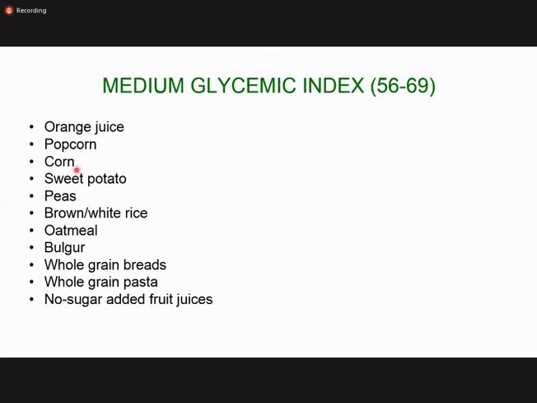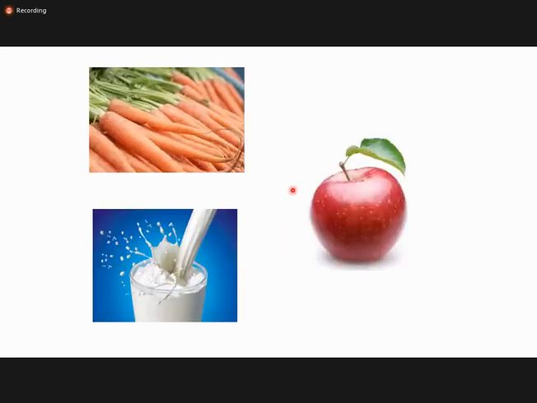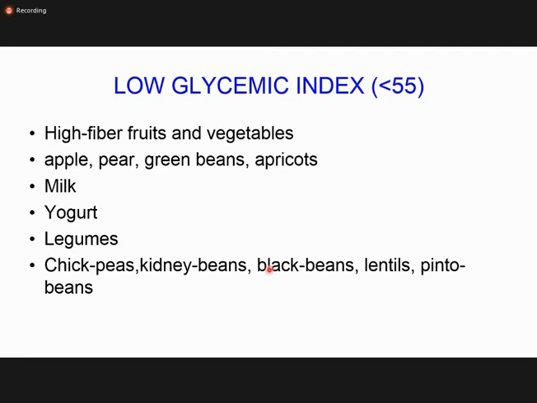Orange juice, popcorn, corn, sweet potato, brown white rice, oatmeal, whole grain breads, pasta, no sugar added juices, they all come in the category of the medium glycemic index foods. Then we have a category, for example, raw fruits, raw vegetables, and we have dairy products, which come in the category of low glycemic index.